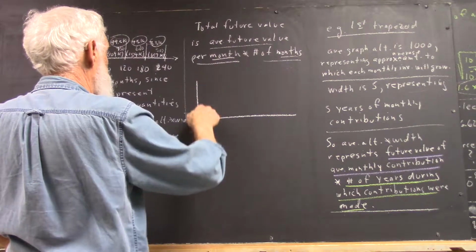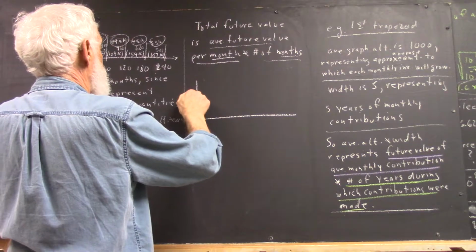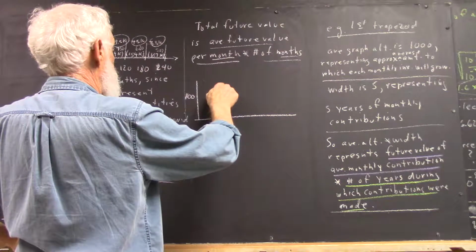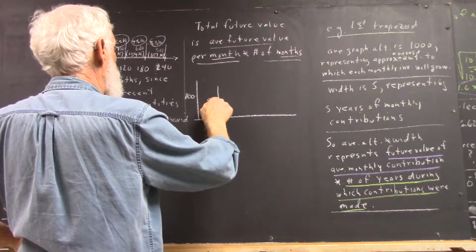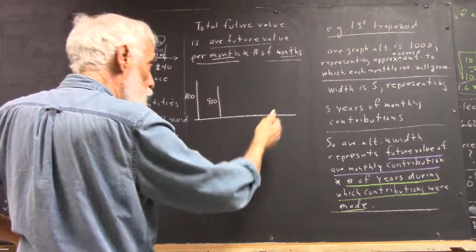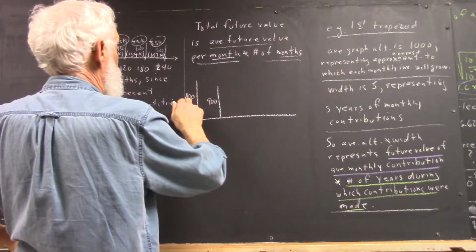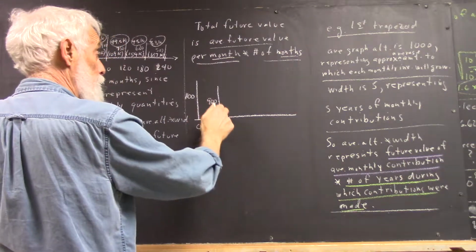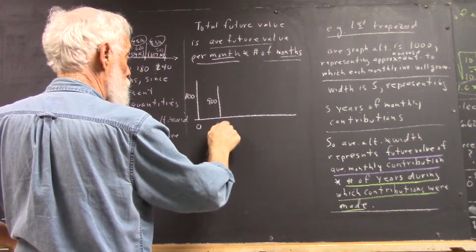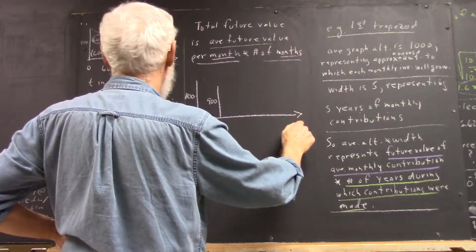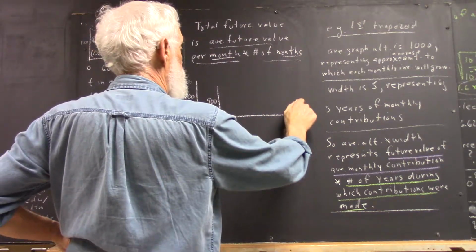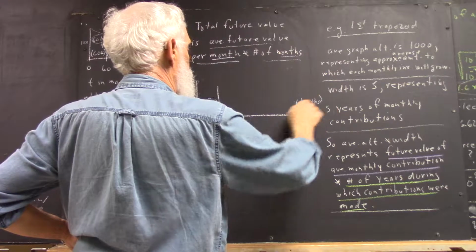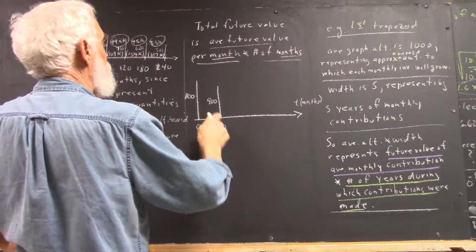So we have our monthly future value per month goes from 1,100 at 0 years to 900 at 5 years. Well, 5 years is 60 months. So we have time in months now.